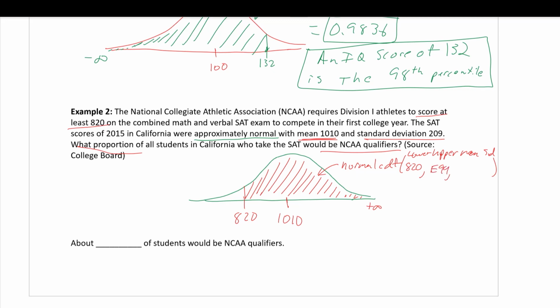The mean is 1,010 and the standard deviation is 209. If we run that through our calculator, we get 0.8183. So if we're writing this as a percentage, about 81.83% of students would be NCAA qualifiers.